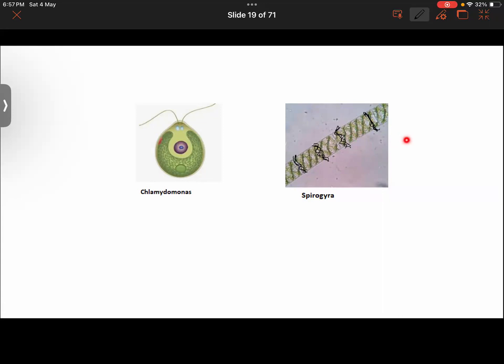Getting it, what I'm trying to say? Each individual piece will grow into a new Spirogyra. You might have noticed something similar in lizards, but that is a different thing. Just let me tell you that interesting thing. Have you ever seen that? Exactly. Very good, Santosh.